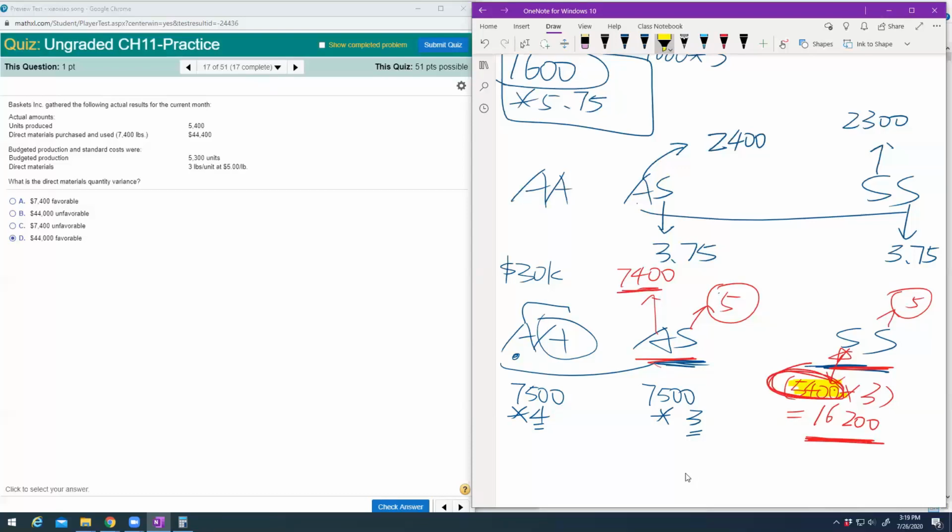But when we do our standard, we always use the actual output of 5,400 units we actually produce. We have to use the actual.